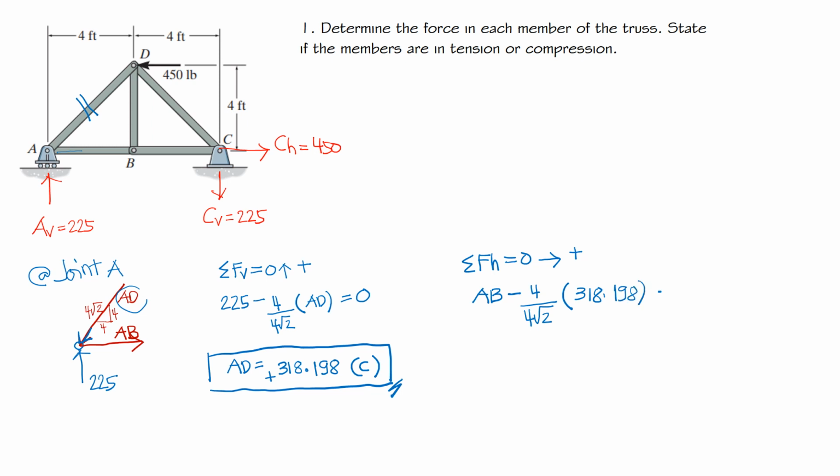There are no other horizontal forces acting, so that's equal to 0. If we transpose this value to the other side, negative becomes positive. So AB now is equal to 225 pounds. It's positive, so our assumed direction is correct. That now becomes tension.